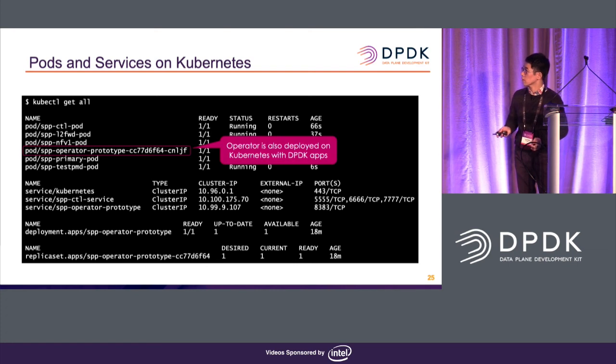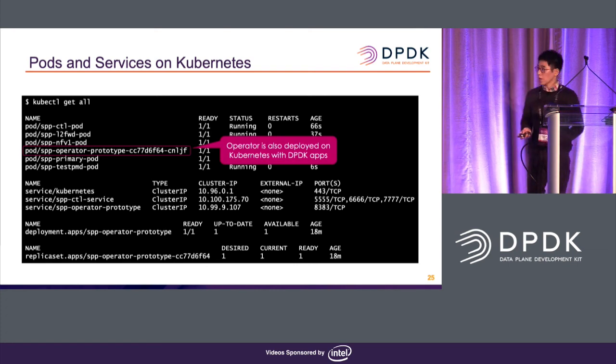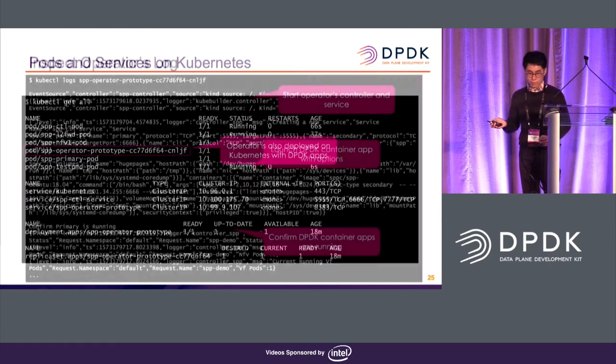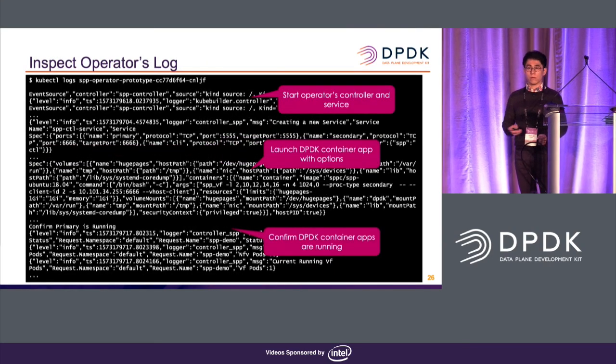In this case, our SPP can be found. And the operator itself is also launched as a pod. And we can inspect the operator's log by using the kubectl logs command.